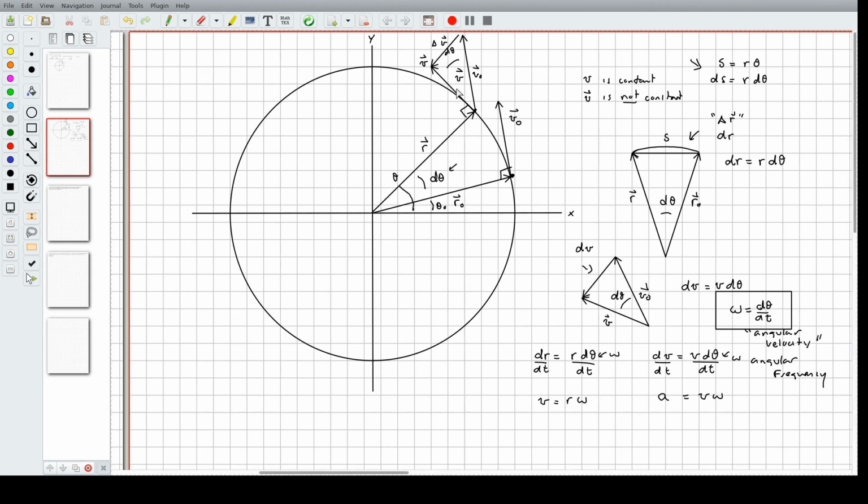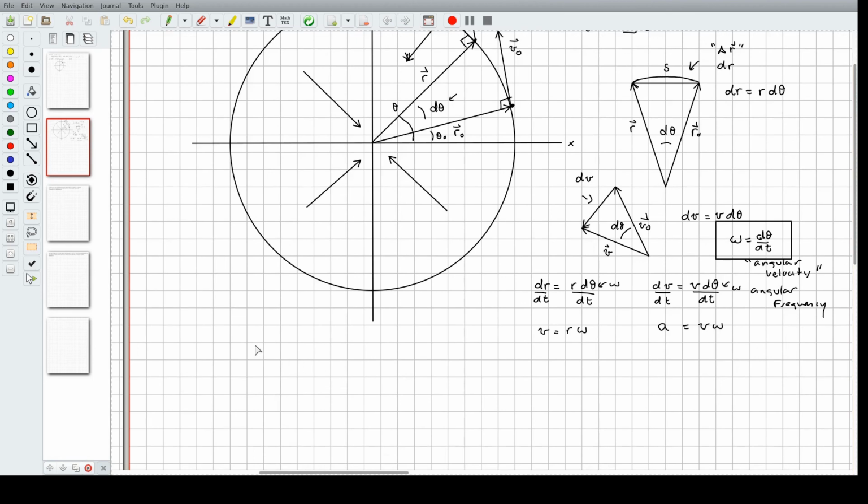If you start in this direction and you end up in this direction, your acceleration is in towards the center of the circle. Okay, actually dead towards the center as it goes around. It goes like this. Now, this has a technical name. This is called centripetal acceleration.